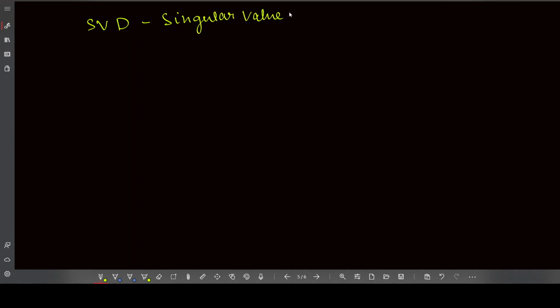So SVD basically stands for singular value decomposition. Okay. So what does that mean? Basically, SVD is a method to factorize a matrix of any dimension, any rectangular matrix. Let's call this a matrix A of dimension m into n.